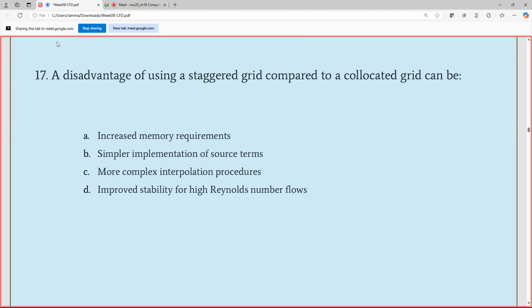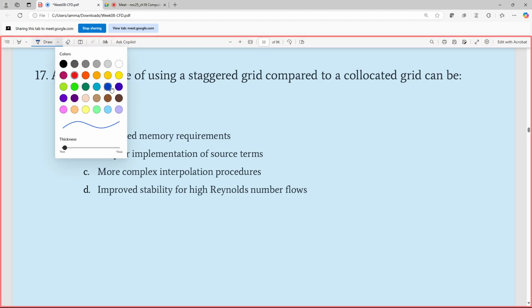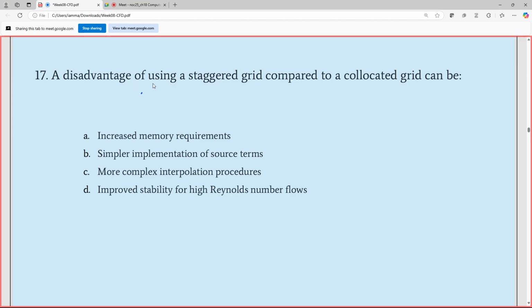A disadvantage of using staggered grid compared to collocated grid can be. The question is comparing staggered grid and collocated grid and asking for the disadvantage of staggered grid over the collocated grid. Even though staggered grid is computationally efficient and gives stable pressure velocity coupling, what is the disadvantage of the staggered grid over collocated grid?